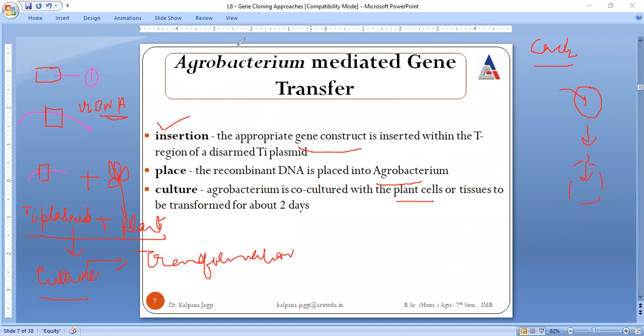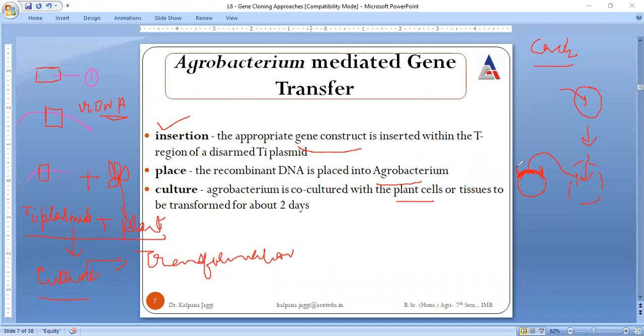But one thing to be noted, one thing that is to be taken care of, is that the whole of the vector, or say plasmid, is not being transferred. It is only transferring its T region, only this T region that has the desired gene within it, and only this part is going to be transferred into the host genome, and the rest will remain outside, right?